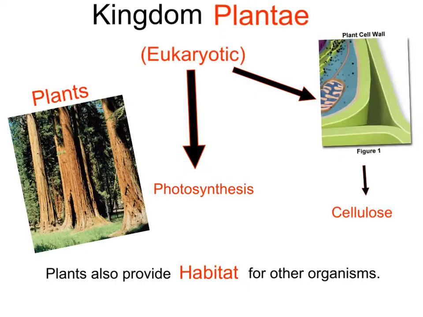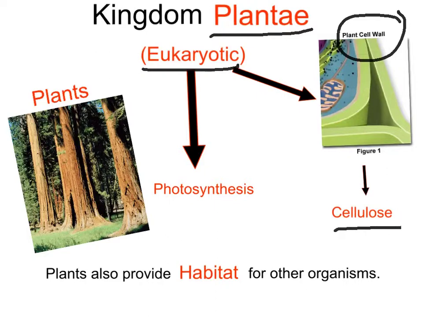Most people can easily recognize most members of the kingdom Plantae. Plants are characterized by being eukaryotic and having cell walls. You can just write cell wall. Made of cellulose and making food through the process called photosynthesis.